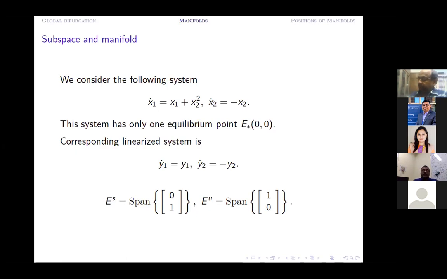Now, what will be the analogous solution trajectories for the nonlinear system corresponding to these straight line solutions? Roughly, this is not the actual definition, but for this problem we can say those are two manifolds of the given nonlinear equations.